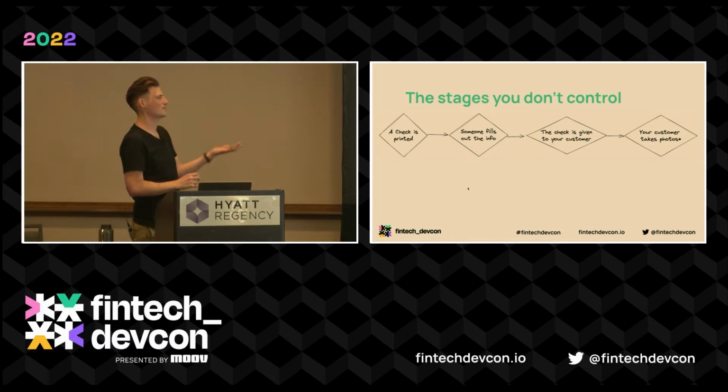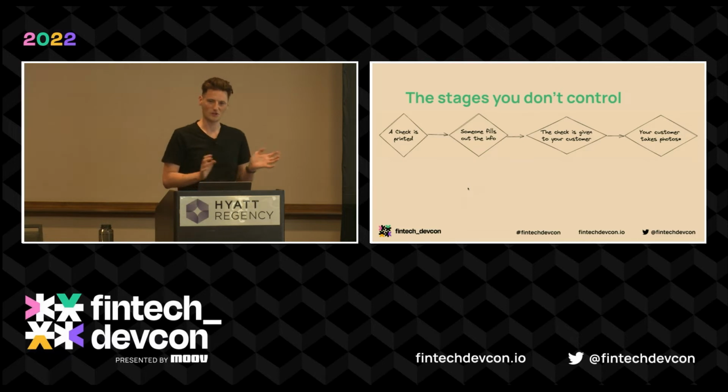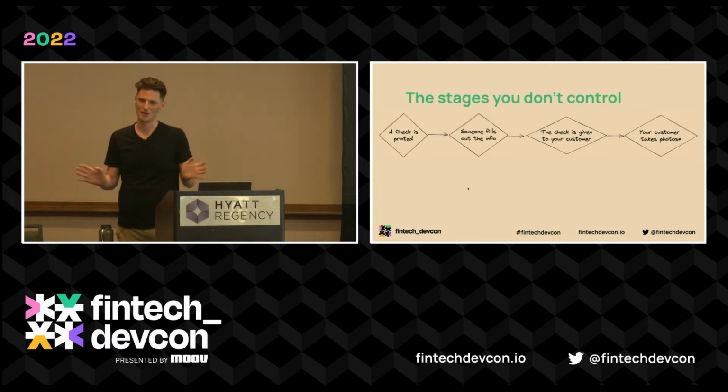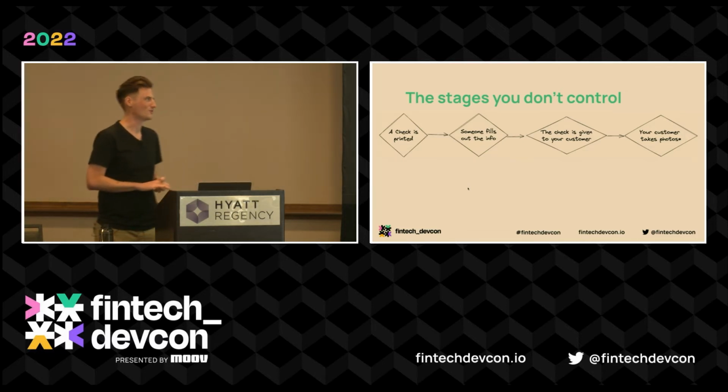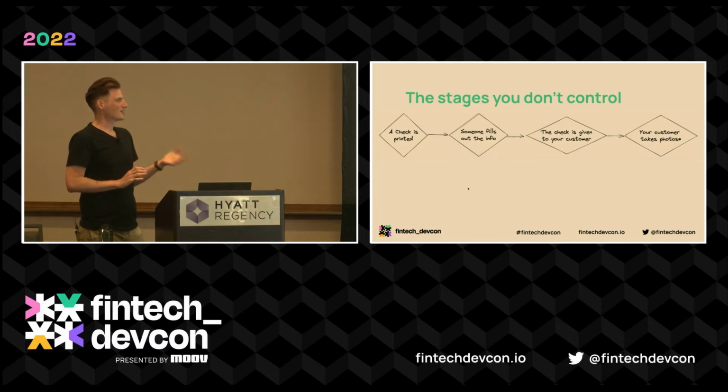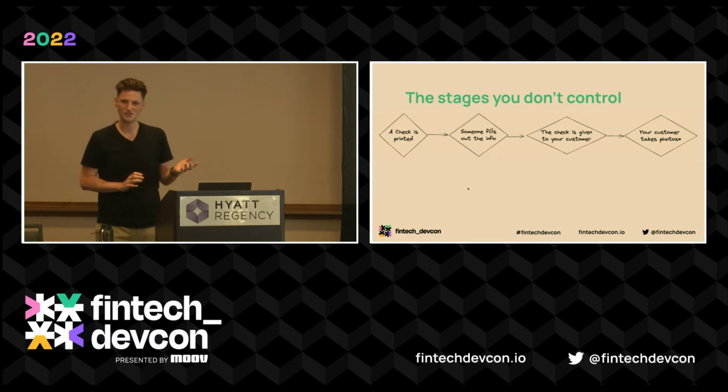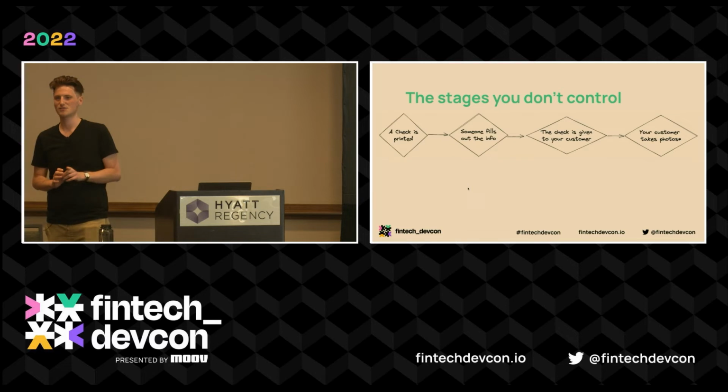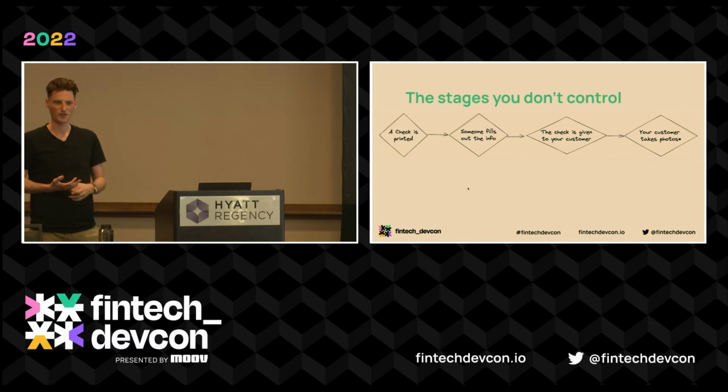So then, of course, somebody fills out the info. This is sort of one of those obvious sources of problems, right? People have bad handwriting, whatever. We all know that. Your customer gets it, and then your customer tries to take photos. So that last step I have an asterisk on because you technically don't control the environment that your customer is taking photos in, and you don't control what they're taking photos with. But you do control the application they're using to take the photos.